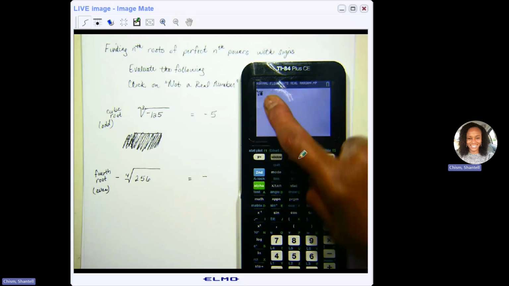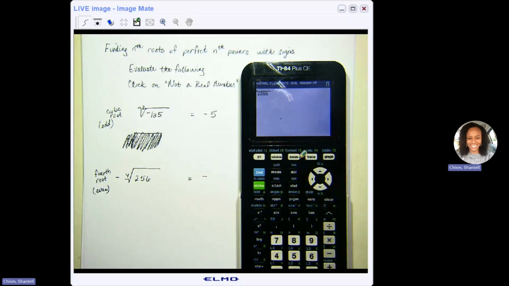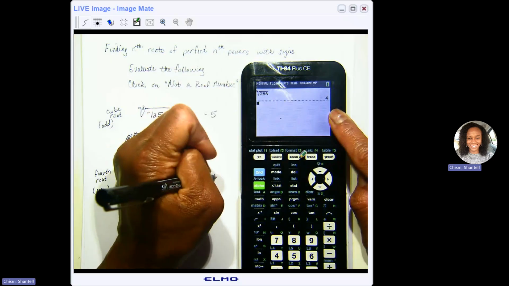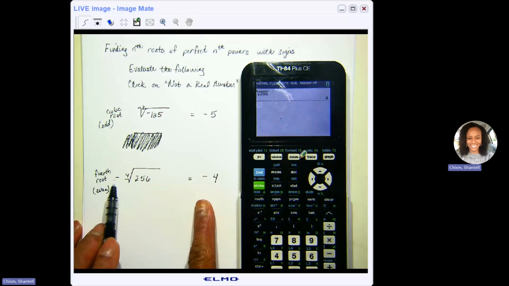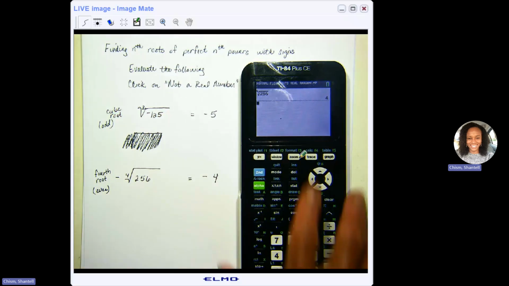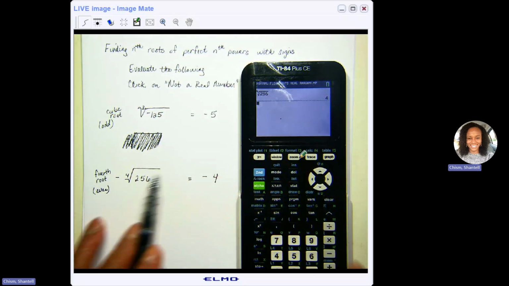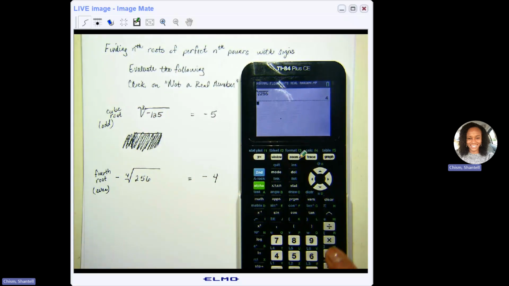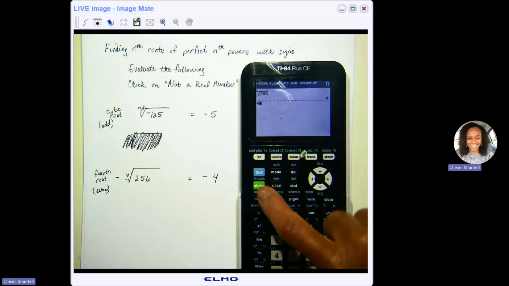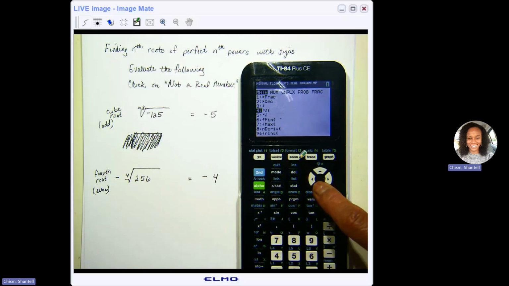And then take the fourth root of 256, and that would be 4, but then the negative sign just carried over, so negative 4, okay? That would have been easier than trying to put that in parentheses and all that. So again, you type whatever the root is going to be. Let's say 4, then you press math, and then you go to number 5, and you're telling the calculator that this is the fourth root of 256. Okay?